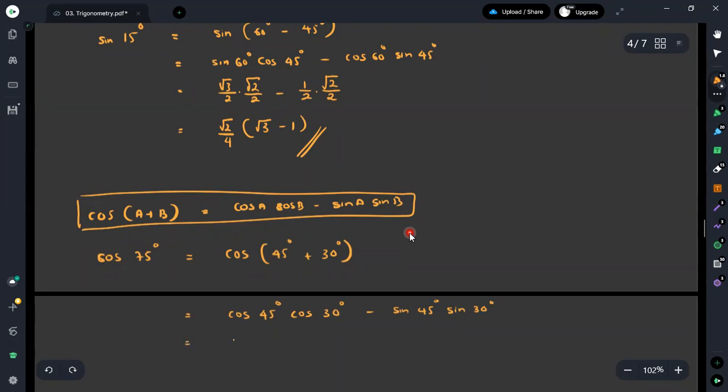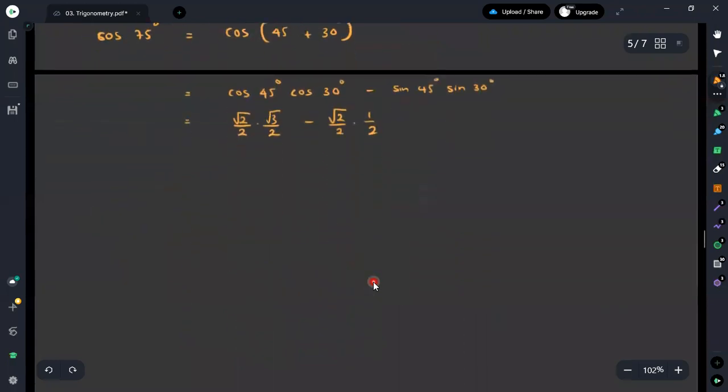Cosine 45 is root 2 over 2, cosine 30 is root 3 over 2, minus sine 45, again root 2 over 2, times sine 30, which is half. Then you get root 2 over 4 times (root 3 minus 1).